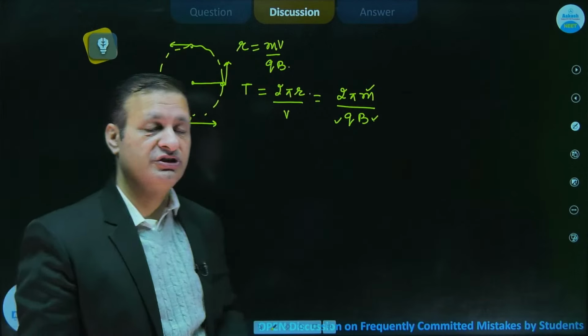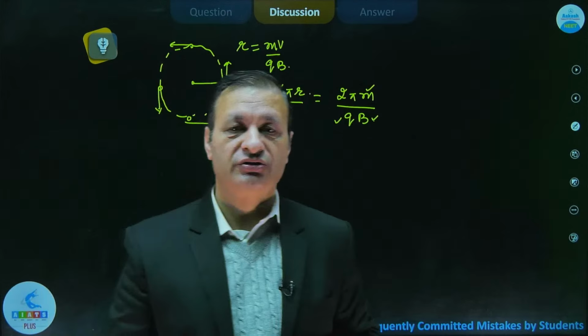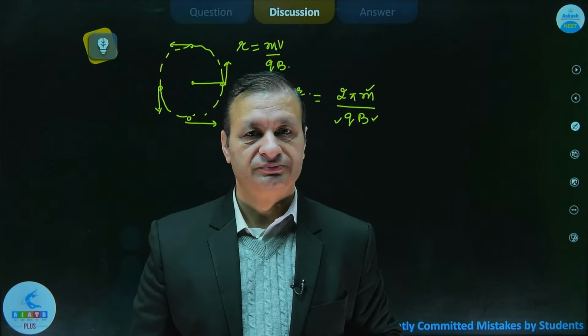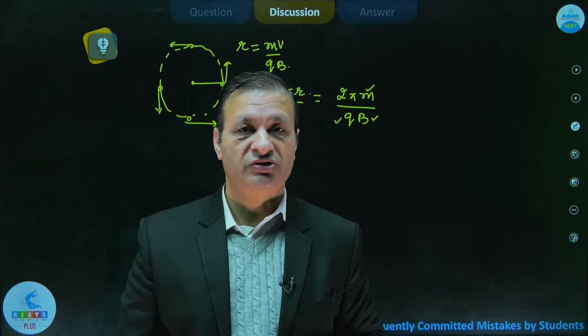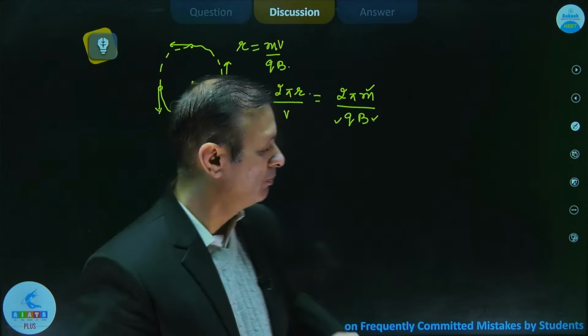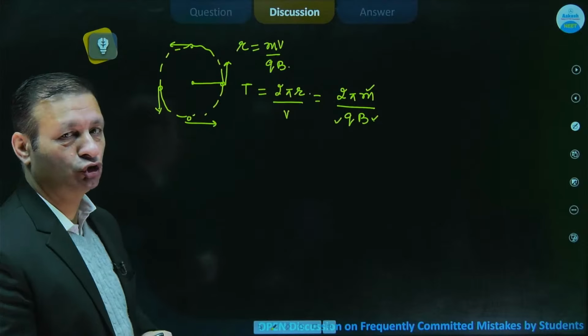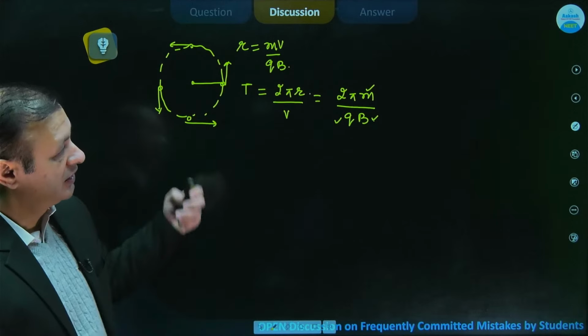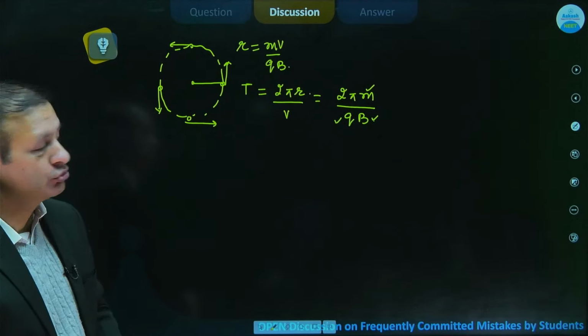So velocity is changing because of the change in the direction. Its momentum is changing. Got it? But its kinetic energy remains constant. Work done is not there. So I hope you have understood it thoroughly well, and we have added very important aspects to the same situation.